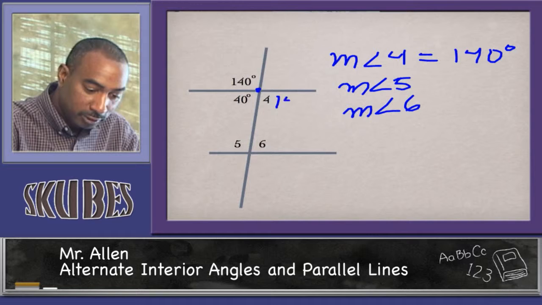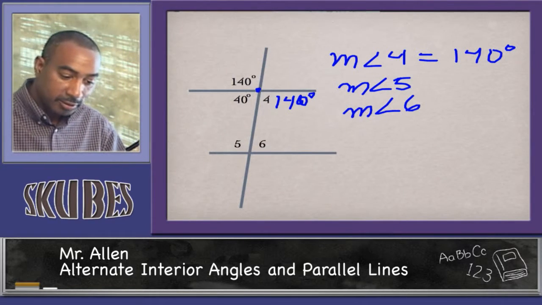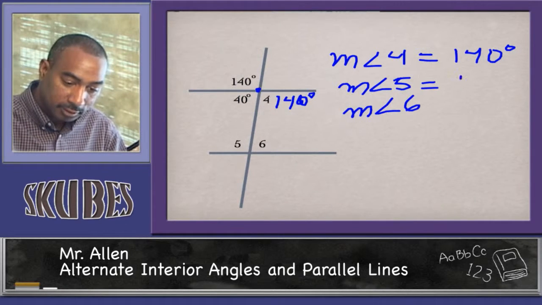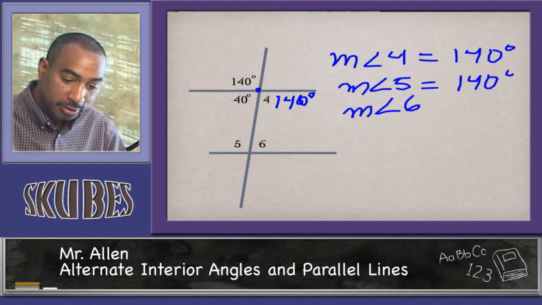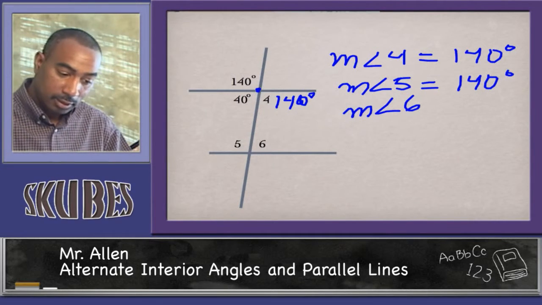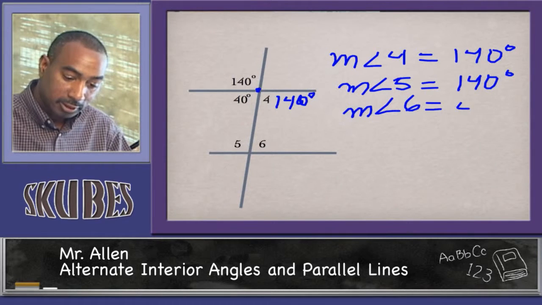So if this is 140 degrees, right away I know that angle 5 has to equal 140 because it's alternate interior to angle 4. And angle 6 is alternate interior to the measure 40 degrees.